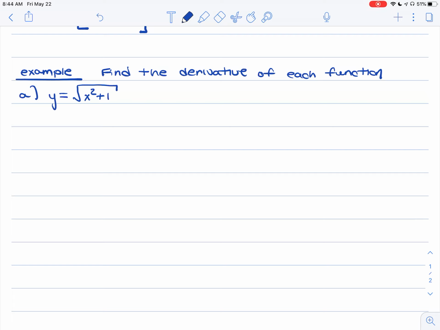inside function. All right, now just like we've done in the past when we want to take the derivative of any kind of radical, I'm going to go ahead and just rewrite that square root as a 1/2 exponent first. All right, before we even take a derivative, we just need to rewrite it. All right, so now using our chain rule, let's find the derivative of y.